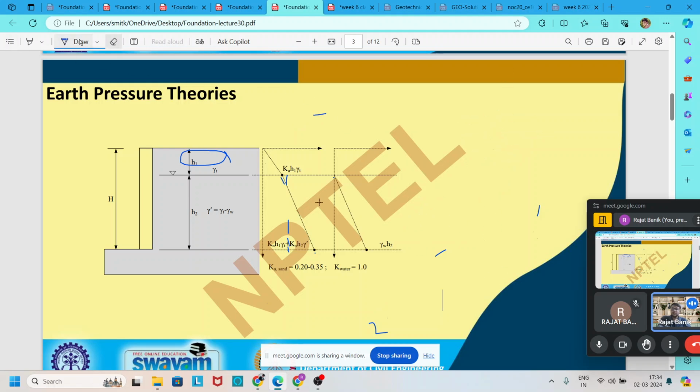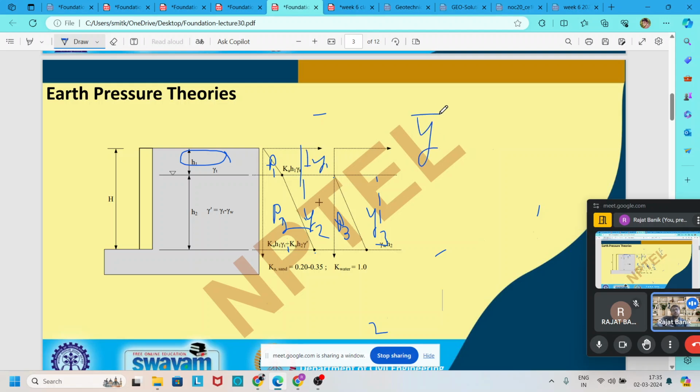Say this area is A1, this area is A2, this area is A3, or we can say this is P1, this is P2, this is P3, and the CG of this is Y3, the CG of this from the top is Y2, and the CG of this from the top is Y1.